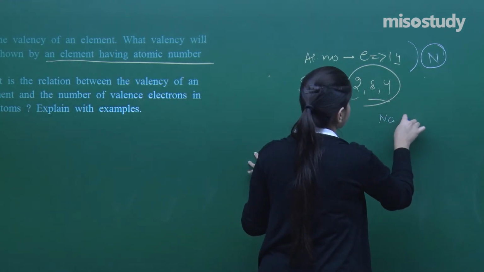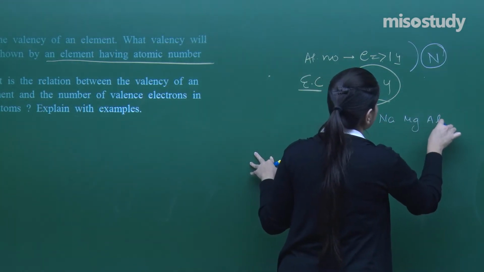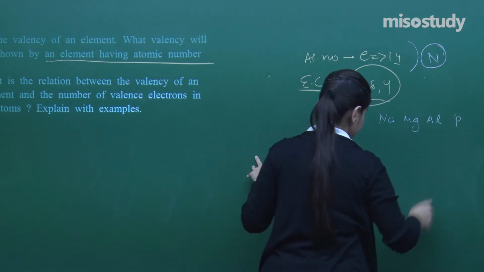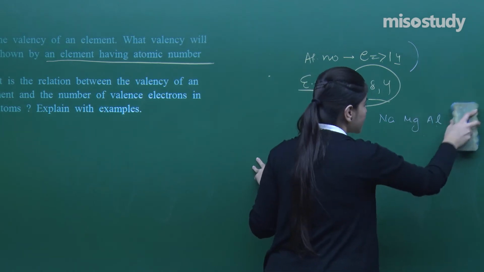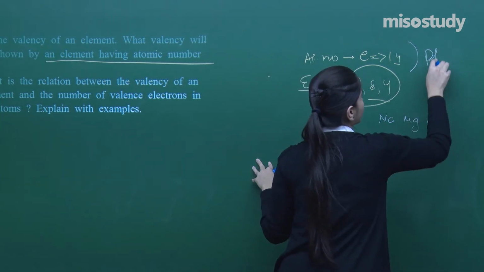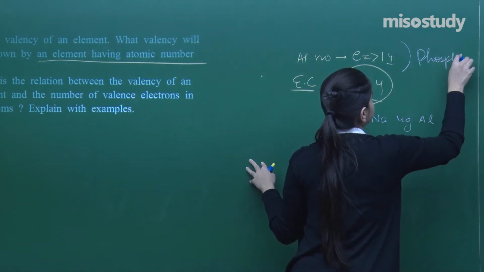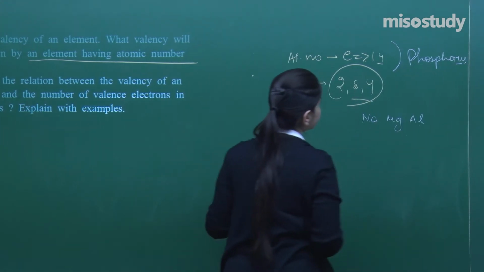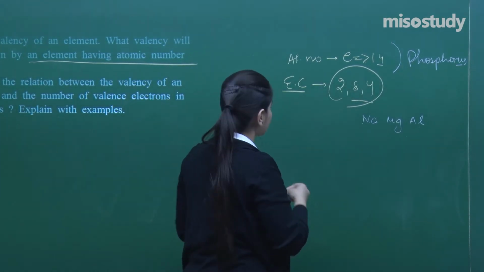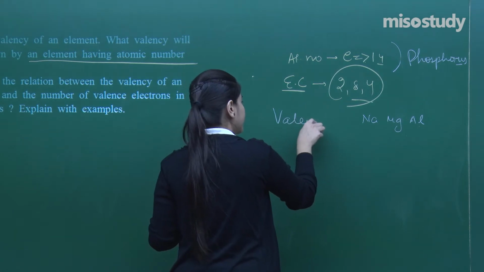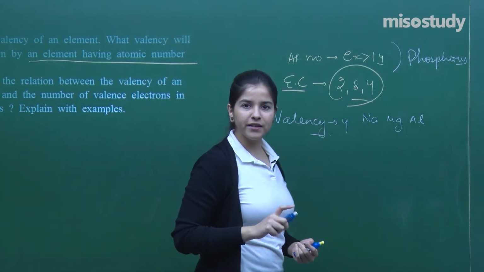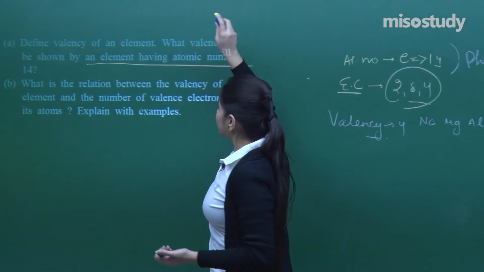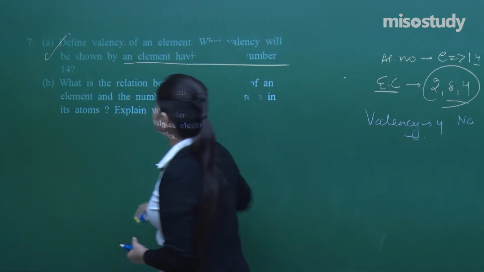After sodium, magnesium, aluminium, this is not nitrogen, but an element which is below that. It's phosphorus. Fine. Right. Now, the valency they are asking will be 4. The valency, the combining capacity, is 4 only. Okay. So we have got this done.